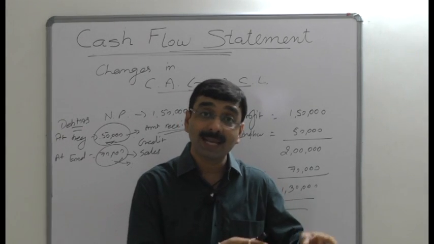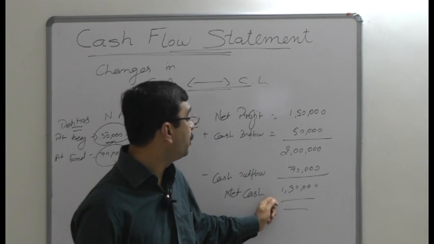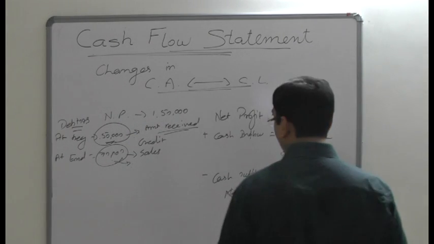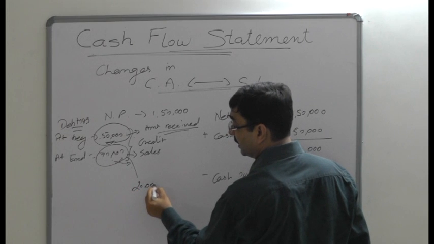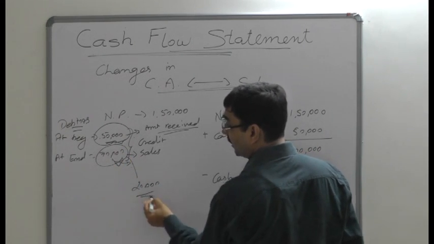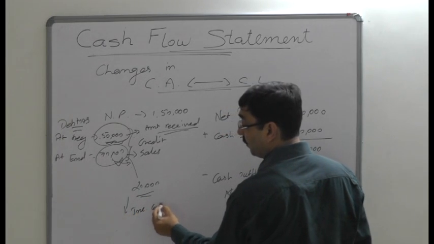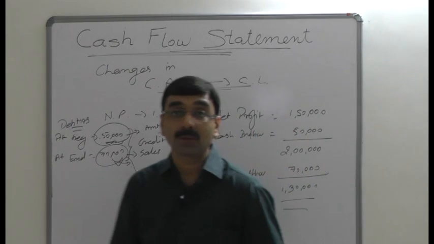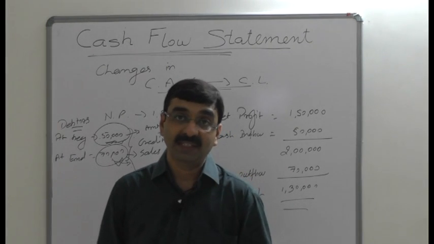That means the book debt has increased, and that shows a reduction in cash inflow of rupees 20,000. Beginning is 50, at the end is 70, the difference is 20.